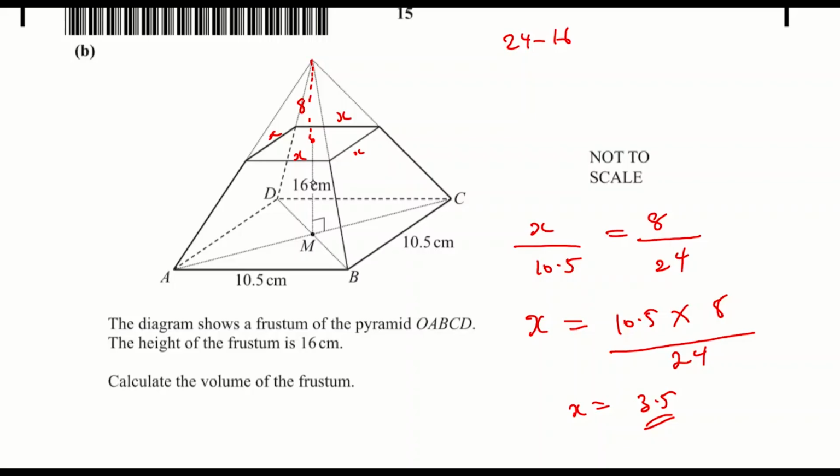So we can now calculate the volume of the frustum. The volume of the frustum is going to be the volume of the larger pyramid minus the volume of the smaller pyramid.